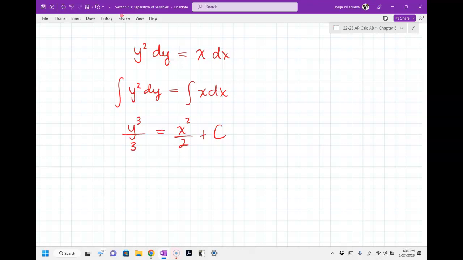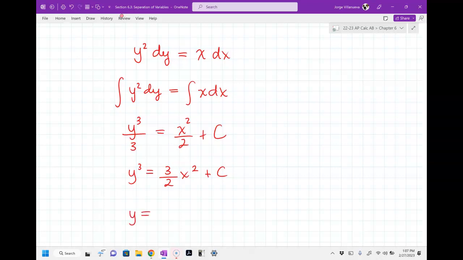Now start solving for y and you're done. Again, these are called general solutions. We're not finding the particular ones yet, okay? We'll do the particular ones in a bit. So multiply by 3, I get y cubed equal to 3/2 x squared plus c. And then take the cubed root of everything.